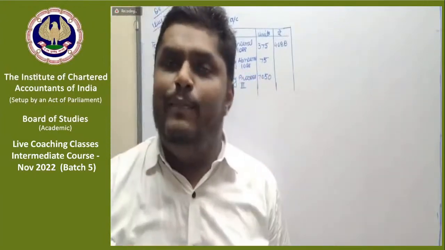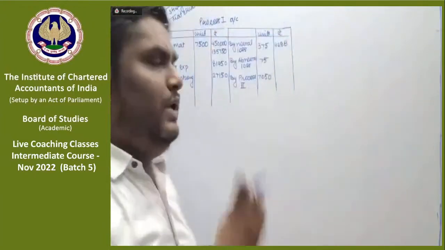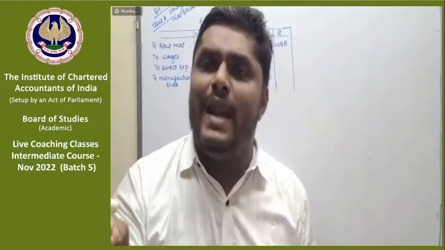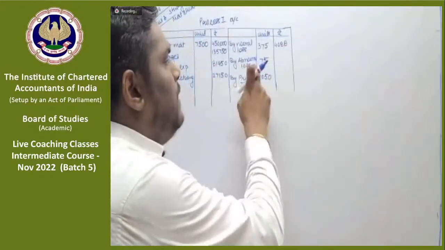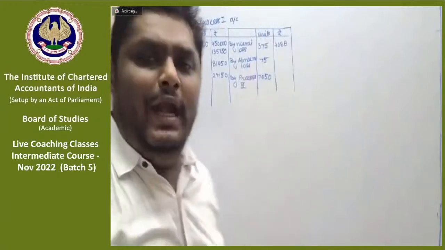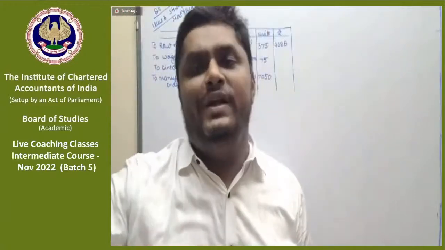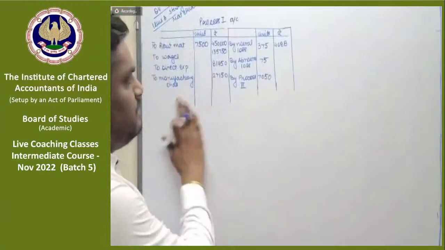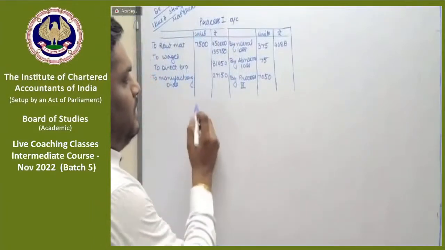Now, a very simple way: whatever the total cost incurred, minus the scrap value, is to be apportioned among the abnormal loss and the output that is to be transferred to the next process. So let's calculate the cost per unit.